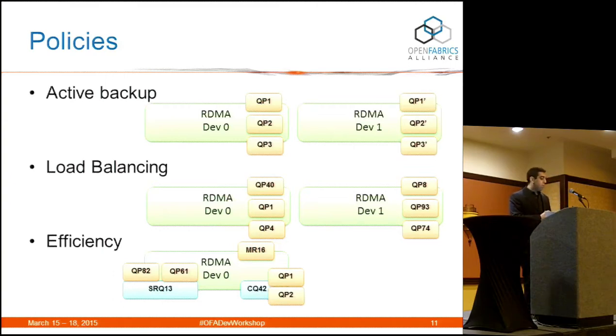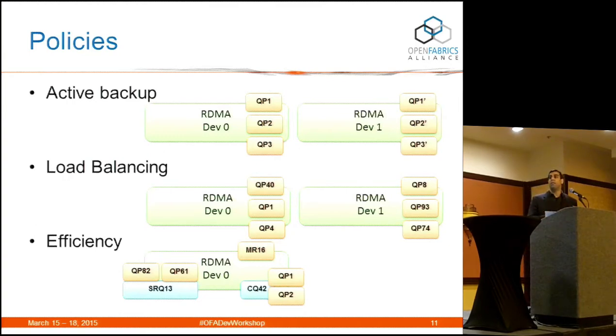Another cool concept that we have integrated inside MP-RDMA is policies. And I present here 3 policies. One of them is active backup, which means that if I have 2 devices and the first device has free QP resources, I would like to create shadow QPs for the subflows in the other device. Another policy that we would like to take care of when we are creating the underlying resources is load balancing.